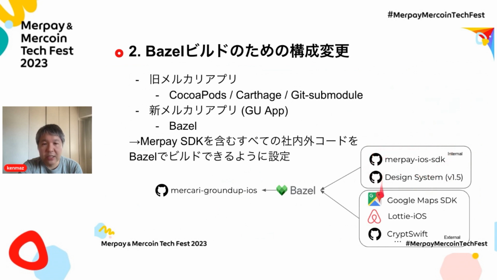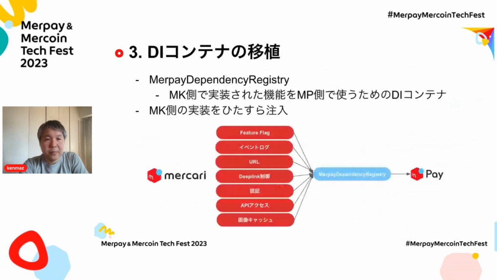As you can see in the diagram here, the Merpay SDK and design system were also separated as a separate repository, so we imported the Google Maps SDK, the Lottie animation library, and the CryptoSwift library, which Merpay uses and depends on, into Bazel, so they could be built together as a single Mercari application.